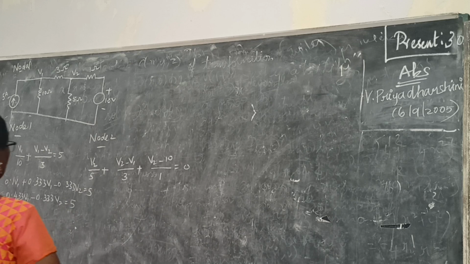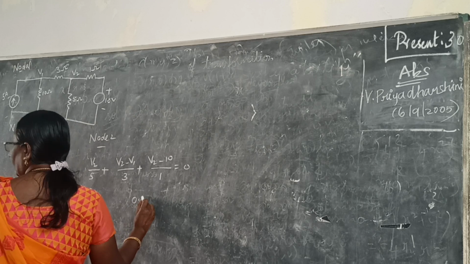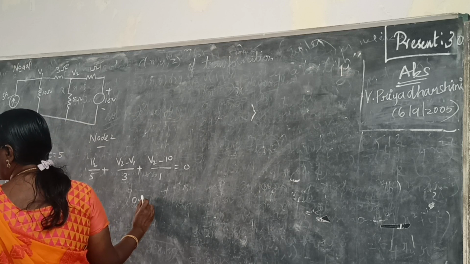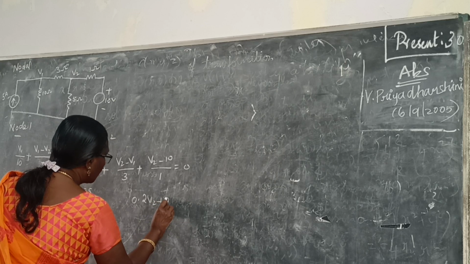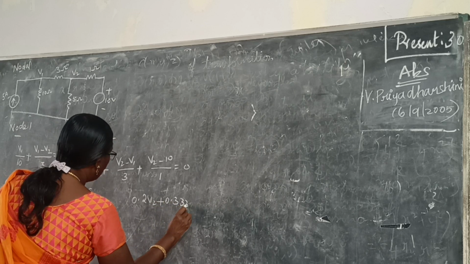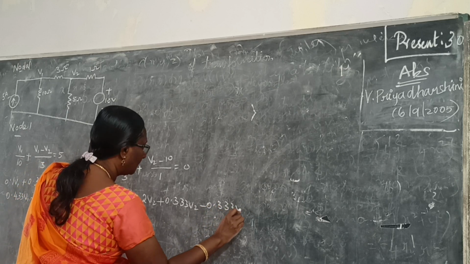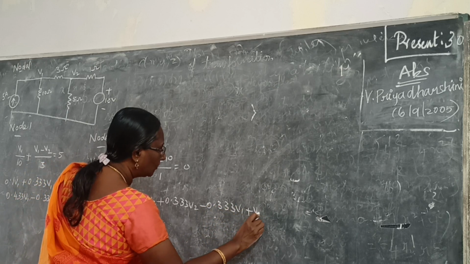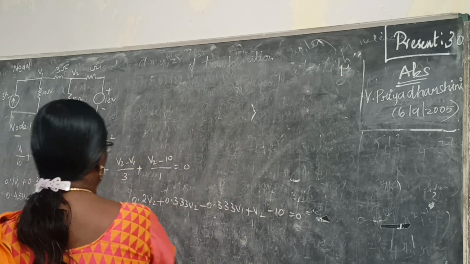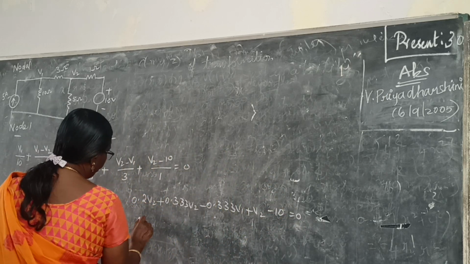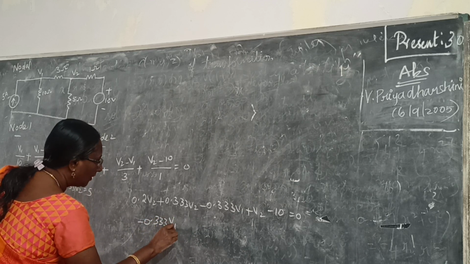This is one equation. Similarly, 1 by 5 is 0.2. 0.2 V2 plus 0.333, then minus 0.333 V1.